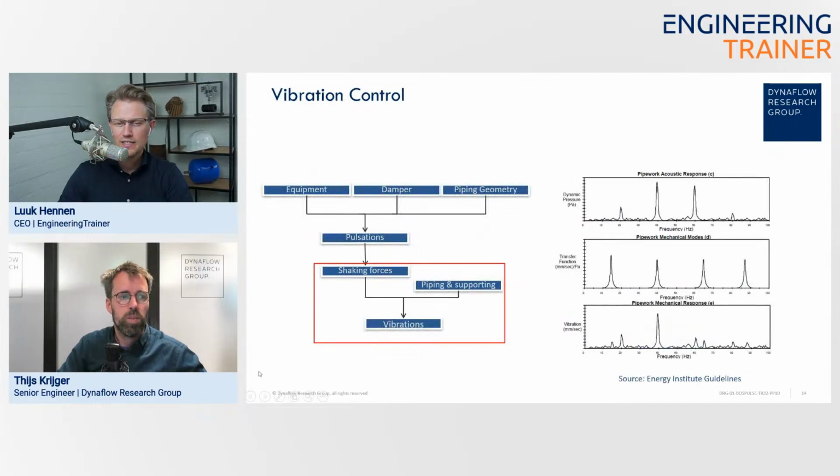Yeah, so indeed, the piping and supporting stiffness will act on this part of the flow diagram, so you can use that to limit the vibrations. But you can also make changes to your pipework or your dampeners in order to change the acoustics of the system. What kind of changes for the acoustics? So the diameter and length of dampeners can be important.